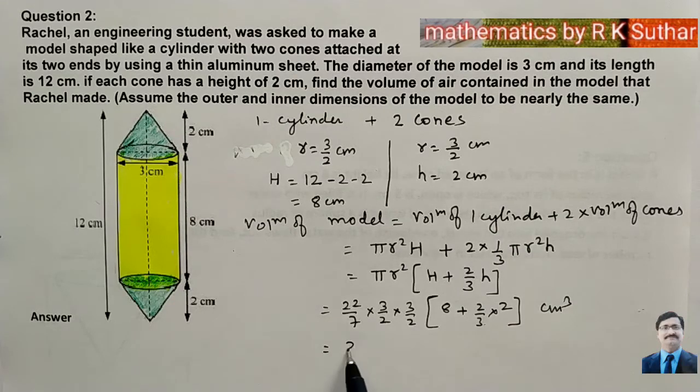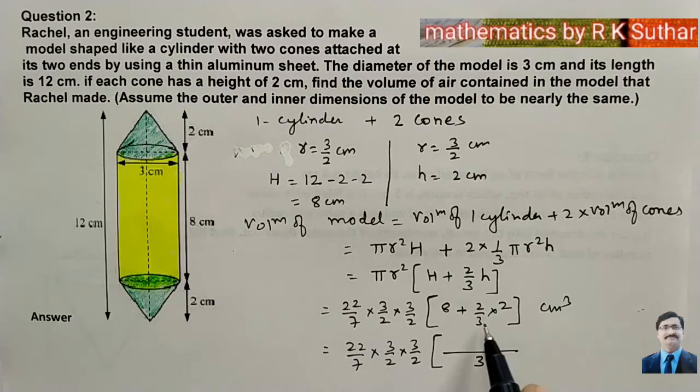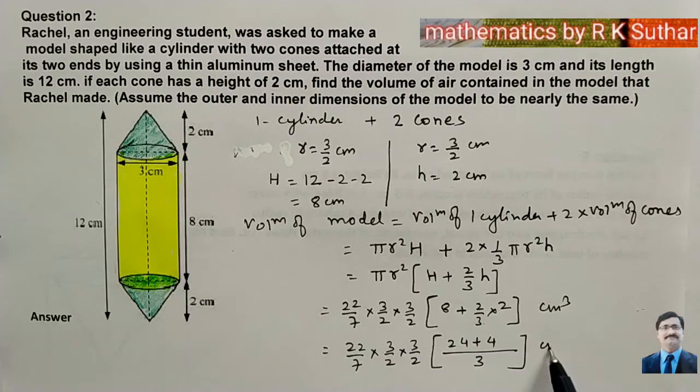So look here, we get 22 by 7 into 3 by 2 into 3 by 2, and taking LCM 3, we get 8 threes are 24 plus 4, in centimeter cube.